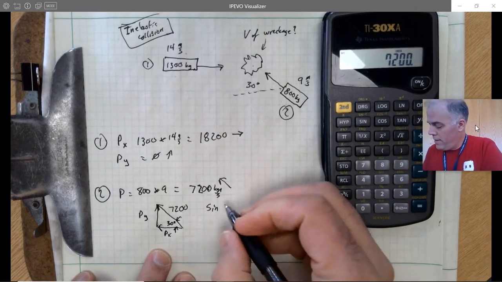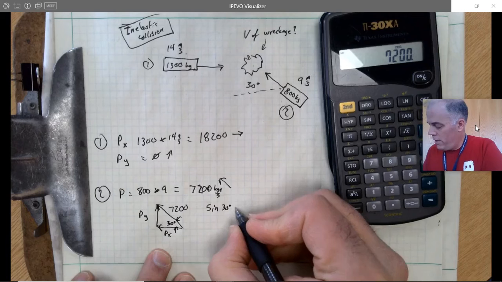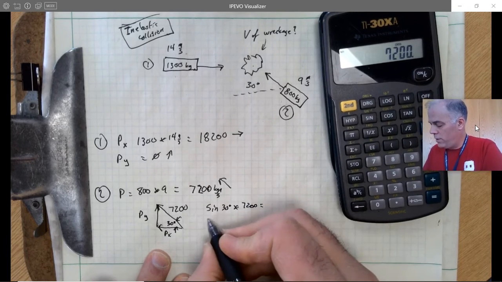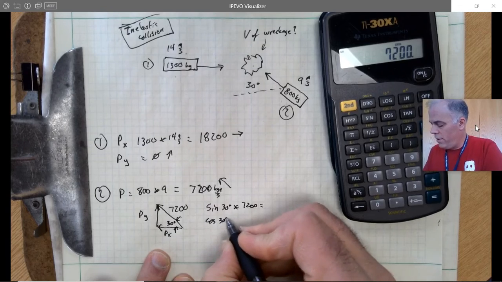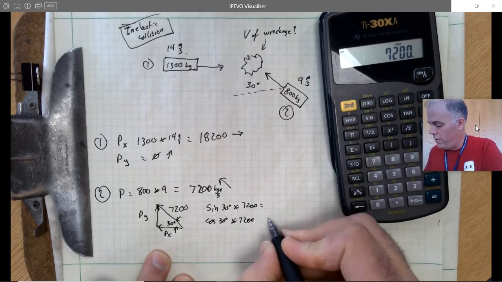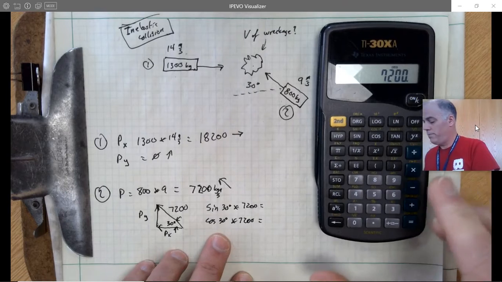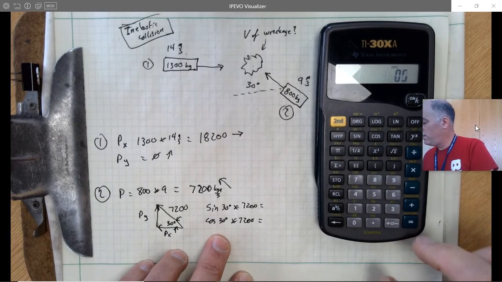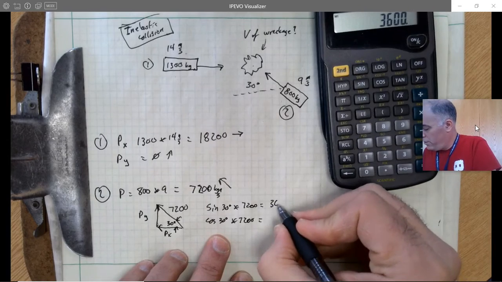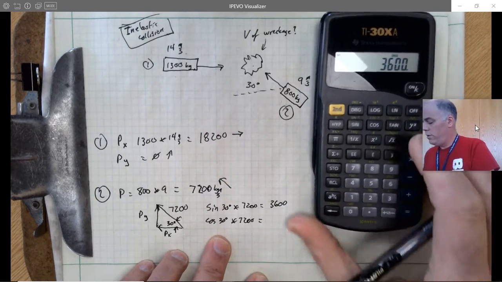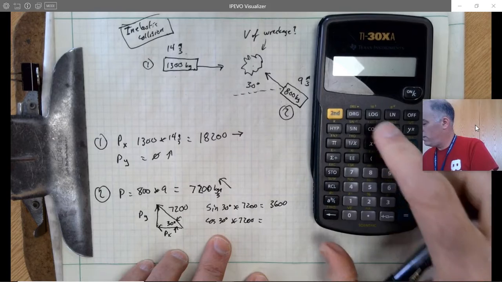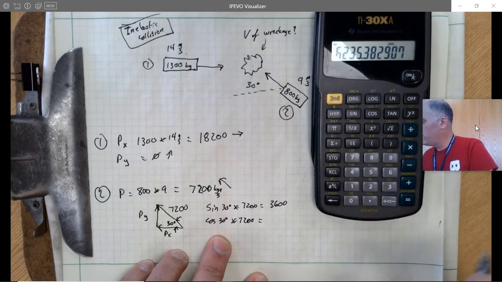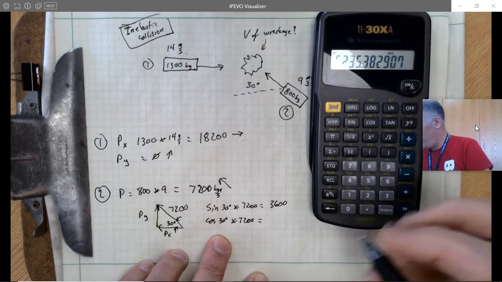The sine of 30 degrees times 7,200 equals, and the cosine of 30 degrees times 7,200 equals, we'll do both of those. 30 sine times 7,200 equals 3,600 units, and 30 cosine times 7,200 equals 6235.